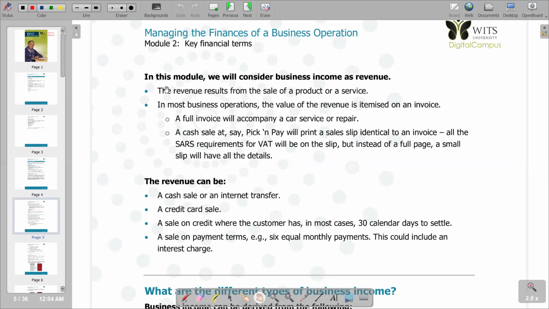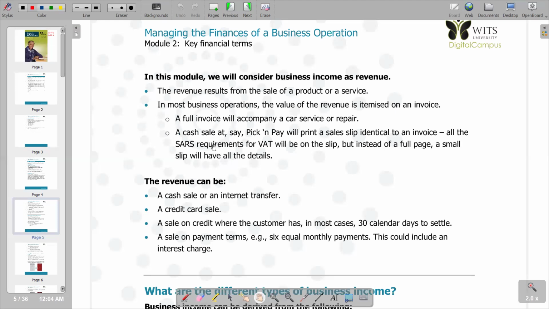It is very important, as we highlighted at the beginning of this video, that within the context of this module we are going to regard revenue as income. As the statement reads, in this module, we consider business income as a revenue. In most business operations, the value of the revenue is itemized on an invoice.